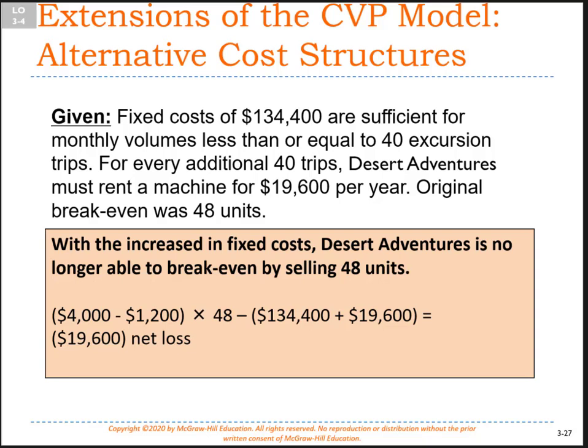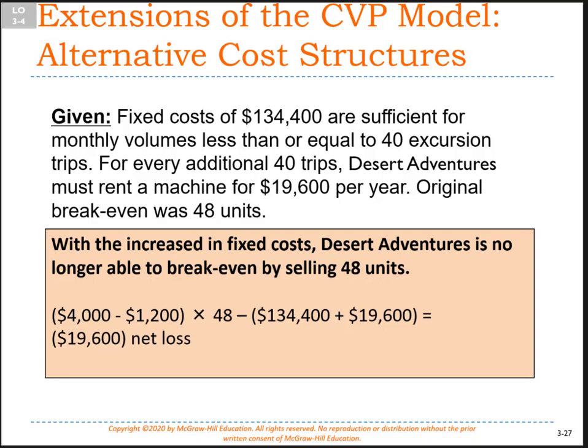Now, what happens when you have things that are like what we talked about in chapter 2, step fixed or step variable costs that change for various levels of volume? What may happen is that you may have more than one break-even point.